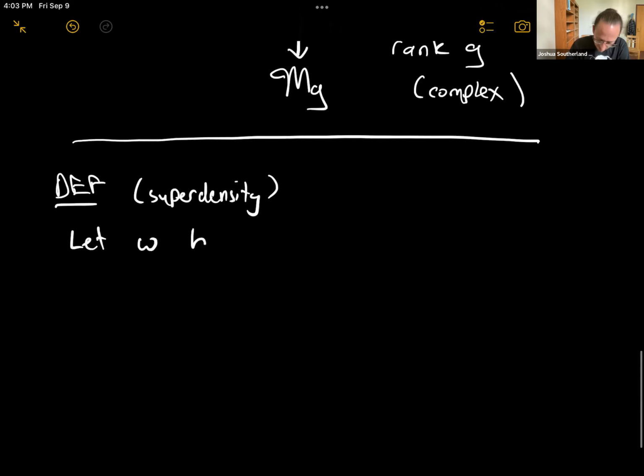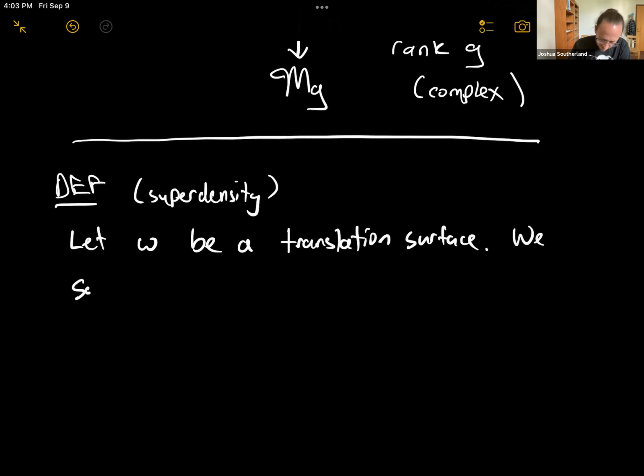Let omega be a translation surface. We say the linear flow. So remember, the translation surface is a flat surface with these weird singularities.